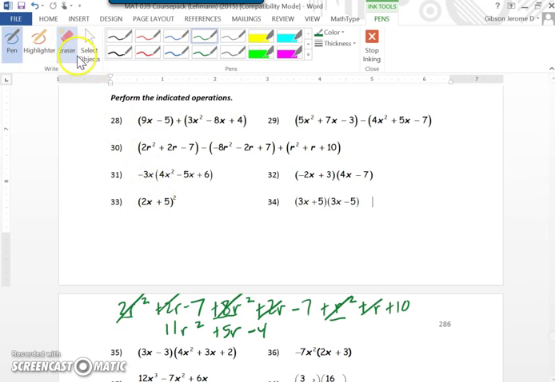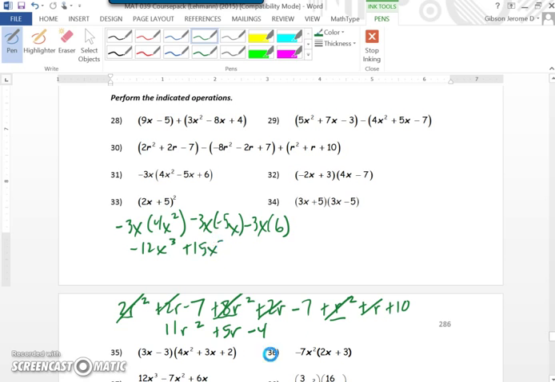So we will have negative 3x times 4x², negative 3x times negative 5x, and negative 3x times 6. So this will give us negative 12x³ plus 15x² minus 18x. Now, we're done with this because there are no more like terms. So this takes care of problem 31.